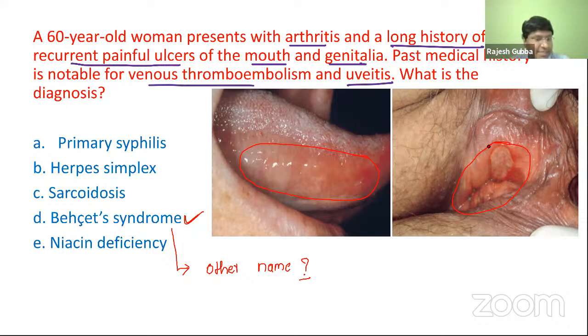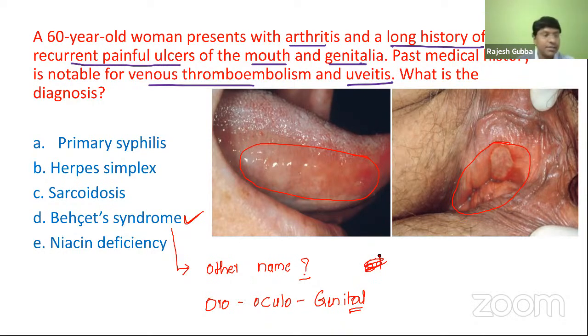So that is the reason why the other name of this syndrome is oro-oculogenital syndrome. Very good, Sai Taruni. So this is the other name of this particular disease, oro-oculogenital syndrome. Okay, now we will move on to the discussion of Behçet syndrome in short.